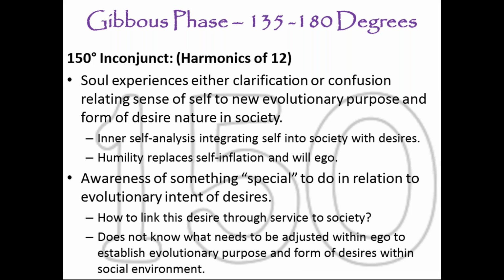And so there is an intensifying of inner self analysis. How do I adjust myself to be accepted into society? How do I adjust my desires, Mars, Pluto, so that they will be accepted into society?